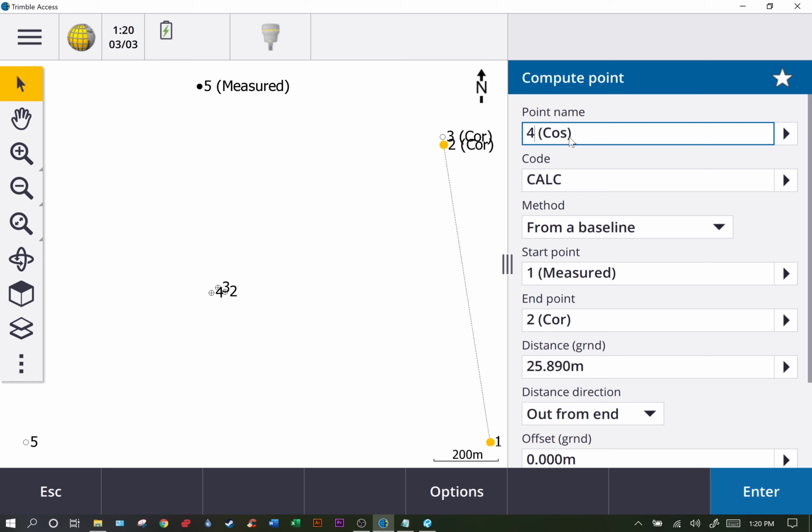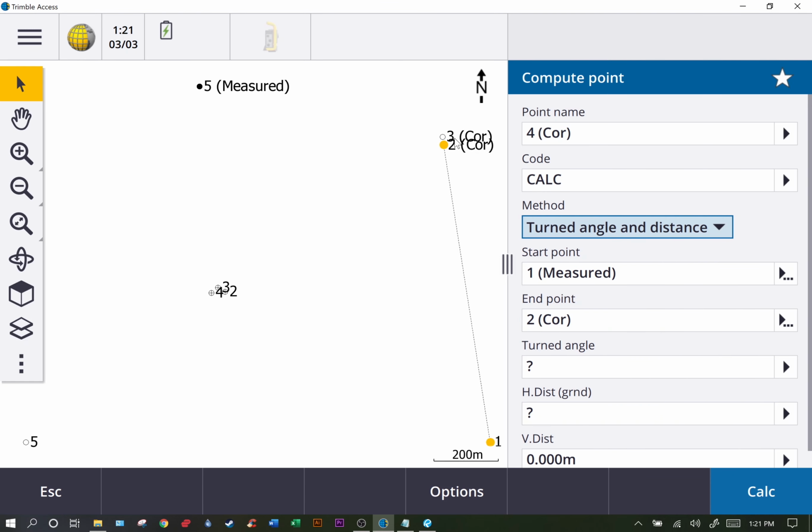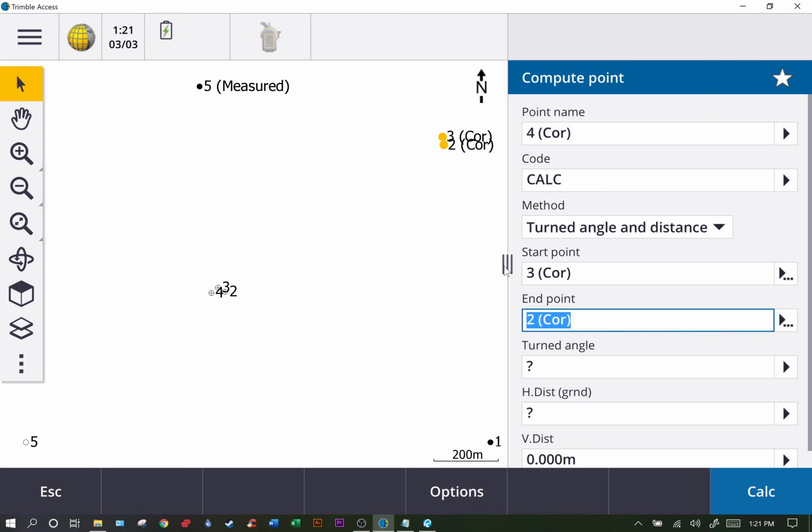Next point is 0.4, corrected again. This one's going to be turned angle and distance because I'm changing directions now, so my start point is going to be 3 corrected. End point is 2 corrected.